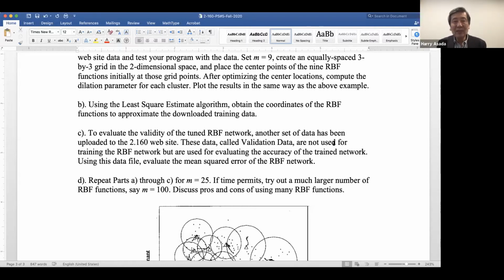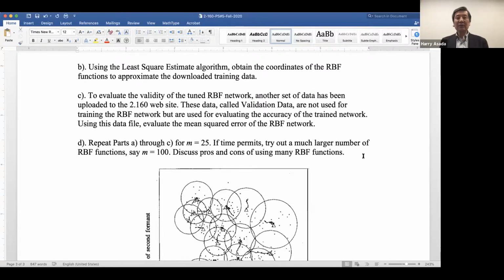So we do that kind of practice here. So please download the second file and evaluate that, okay? Now, this result highly depends on your choice of the number of radial functions, so also try out m equal 25 and also m equal 100. See how much accuracy you can obtain.